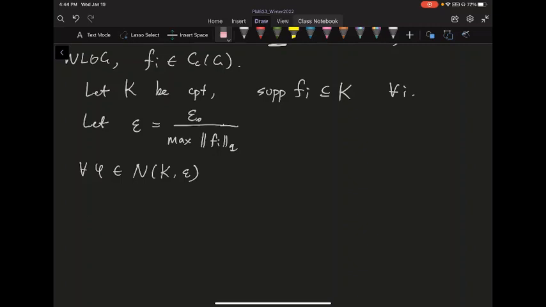I take the integral of fi against phi minus phi E, d mu.